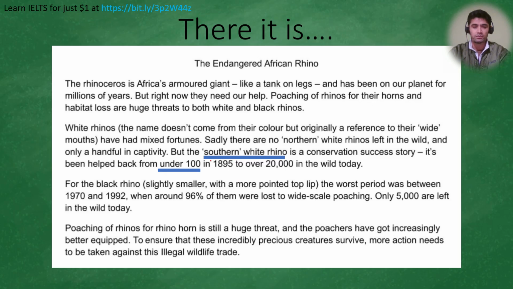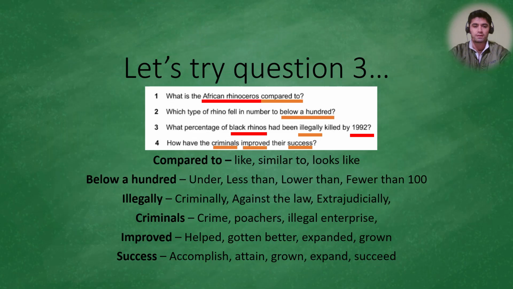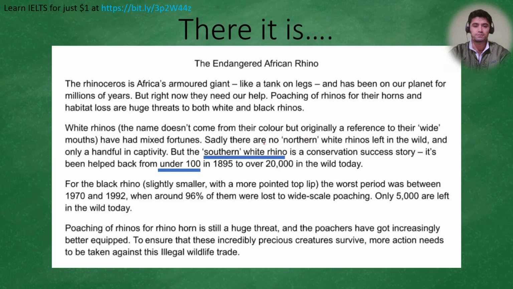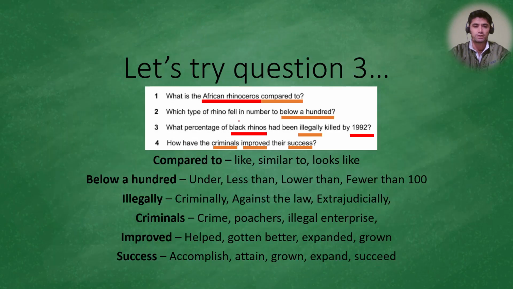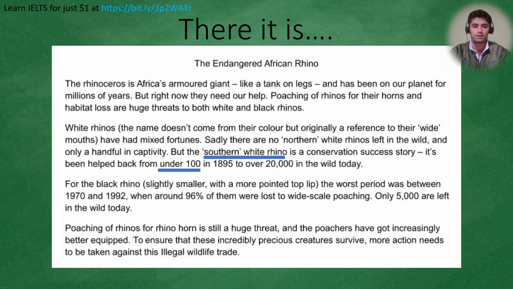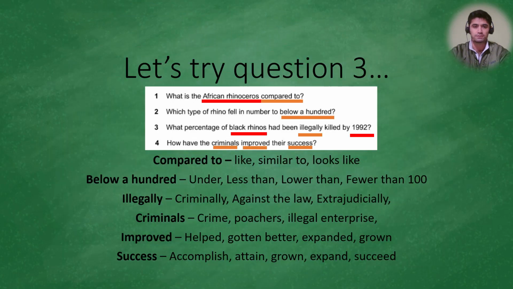The words from the reading text that replace the statement are here: southern white rhino and under 100. In the question it was below 100. The type of rhino here is southern white rhino. The answer contains 3 words, so we don't really have to worry about the word limit here.